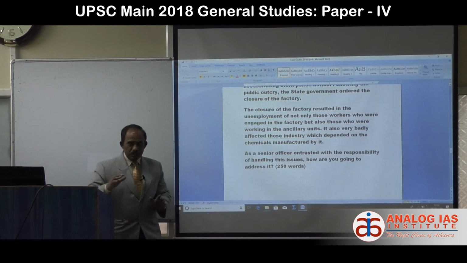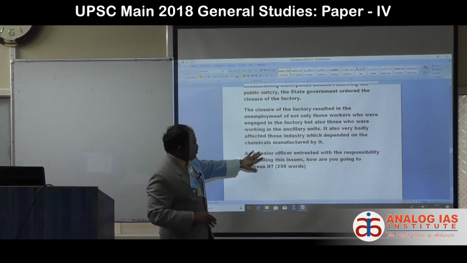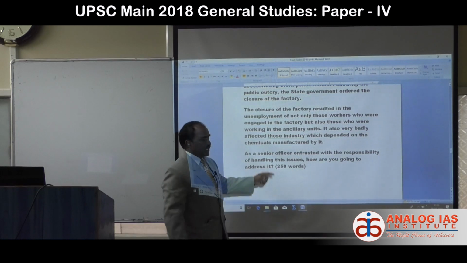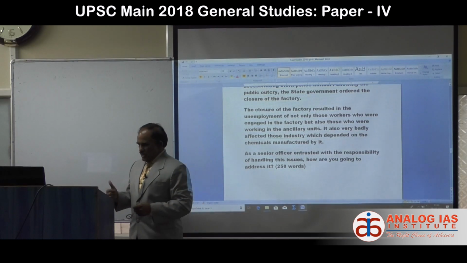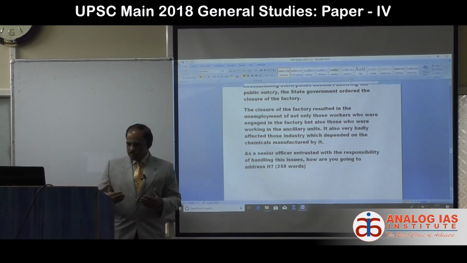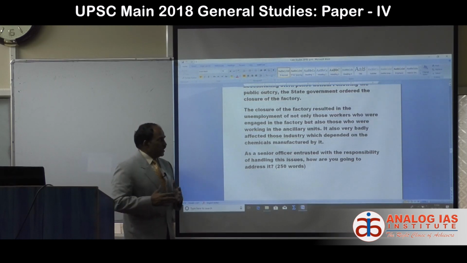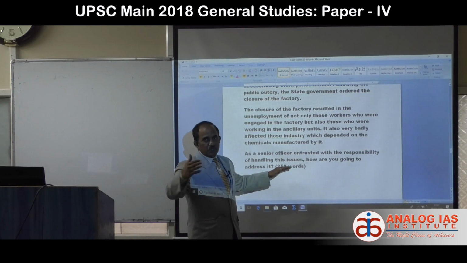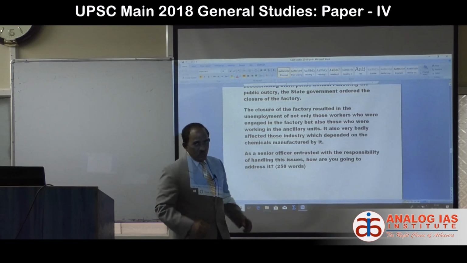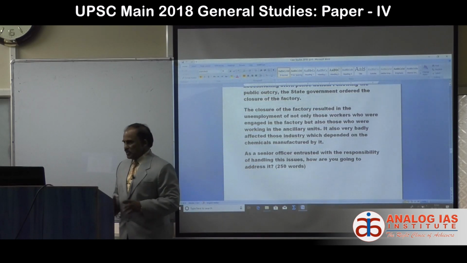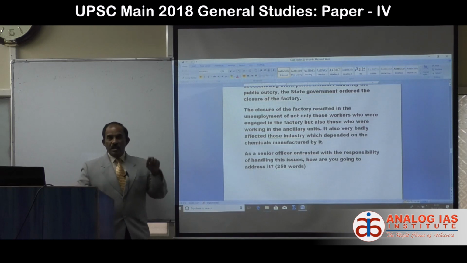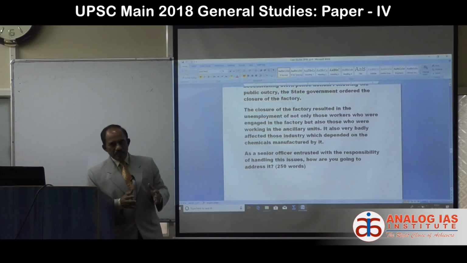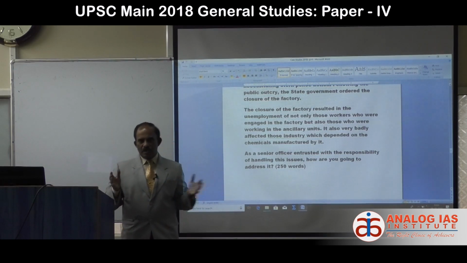And the company should also see that gradually some activities which are adversely polluting the area can be shifted to some other area, and a future plan should be in view that slowly this factory can be shifted to some other place. But immediately closing down the factory will greatly impact the employment opportunities of the people working in the company and the ancillary units which exist in and around.